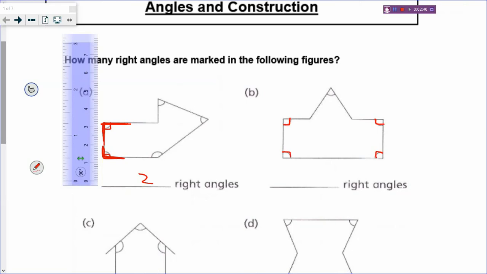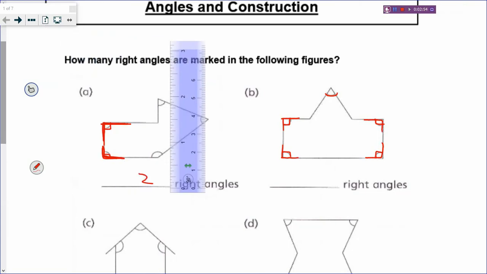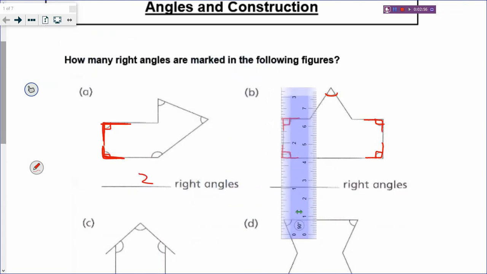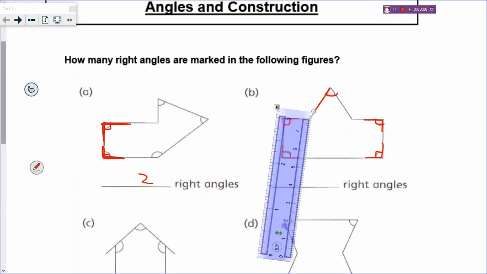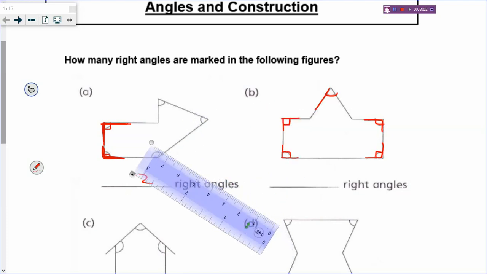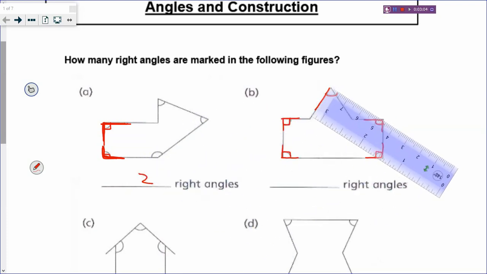If you notice carefully, they all form a very nice L shape. Then how about the other angles inside the figure? They don't form an L shape, but if you are not sure, how do you test whether that angle is a right angle? Let's put our ruler onto this straight line and see how it looks. If I place my ruler onto this straight line, you can see the other line goes inside the ruler.